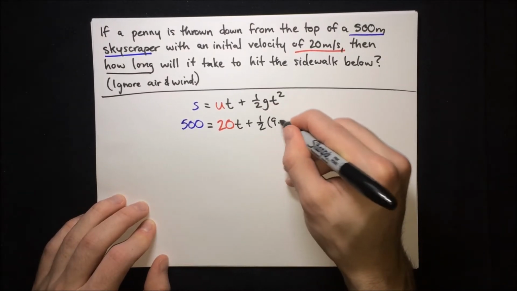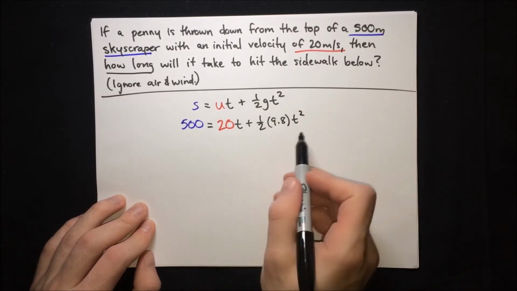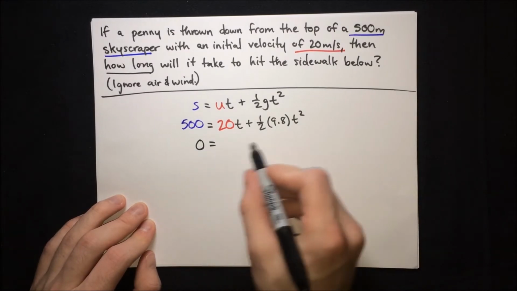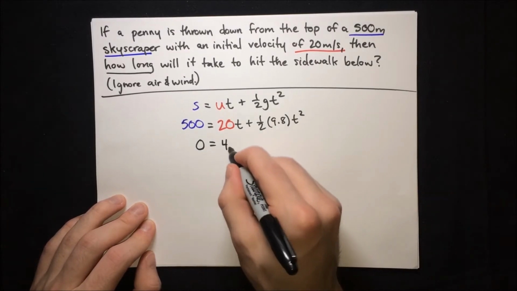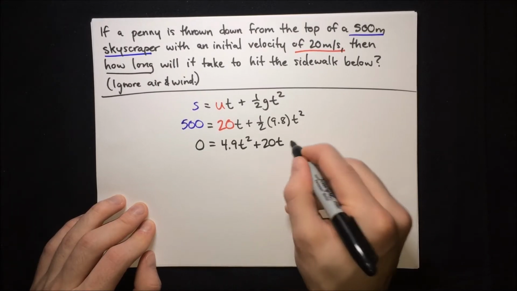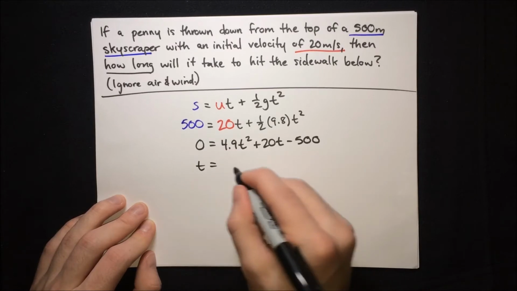g is just 9.8, t squared. And this is a quadratic equation, so let's just get it into standard form so that we can apply the quadratic formula. So this comes out to 4.9 t squared plus 20t minus 500. And then we can apply the quadratic formula.